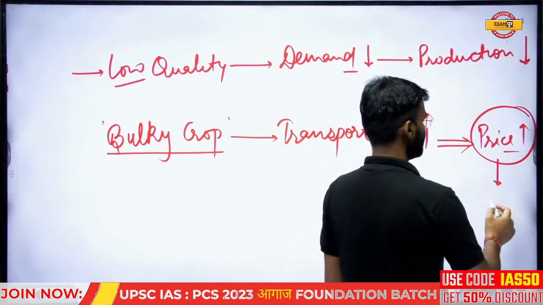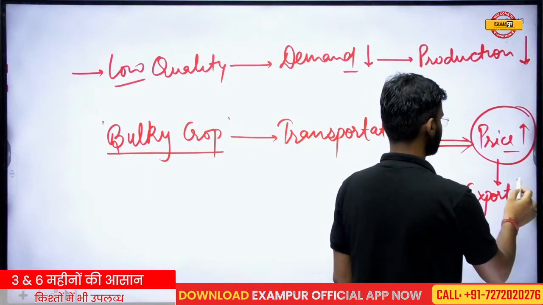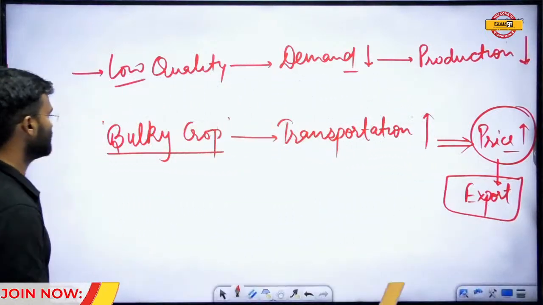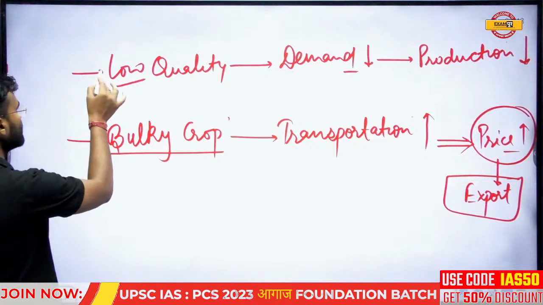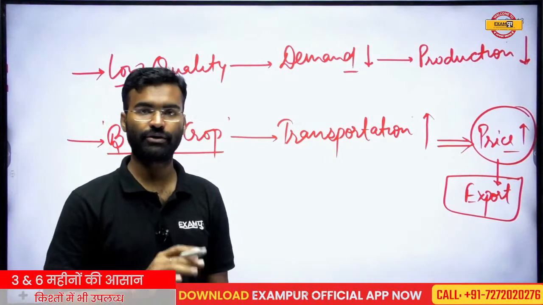So a high price affects the export of any product. It will impact the export of any product. So this is also a reason for the decline in jute production in India.